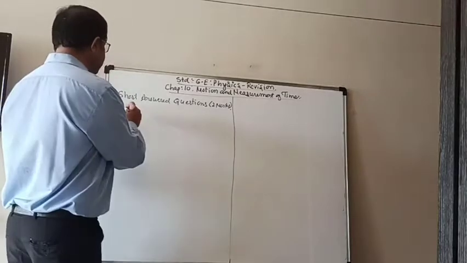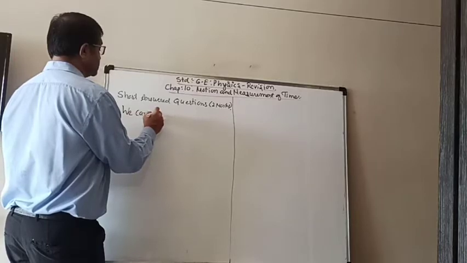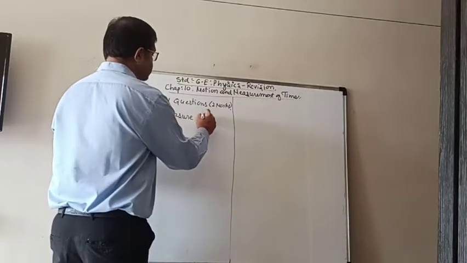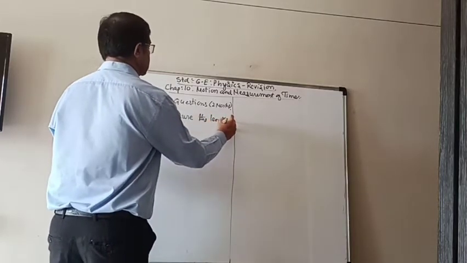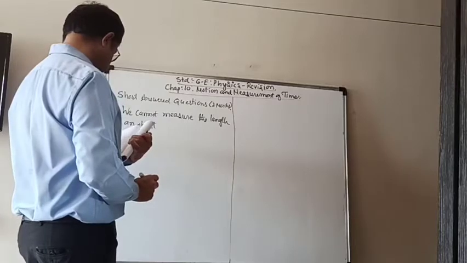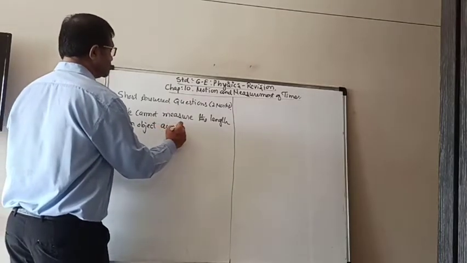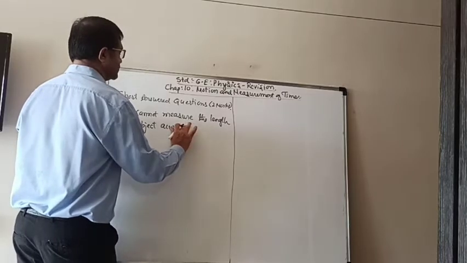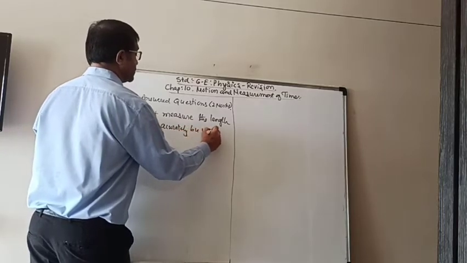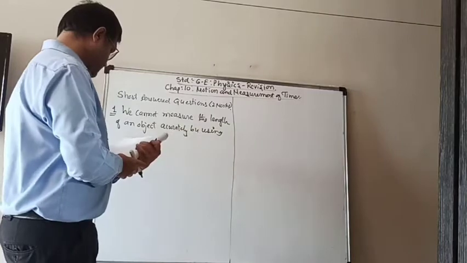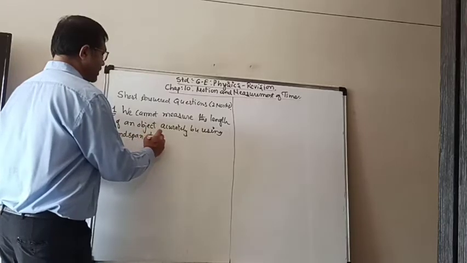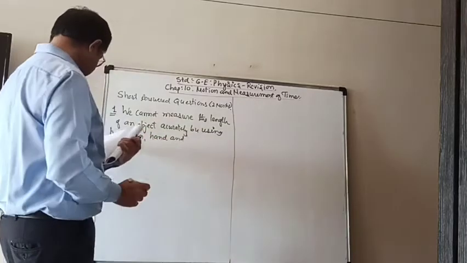First question is, we cannot measure the length of an object accurately by using handspan, hand and footstep.